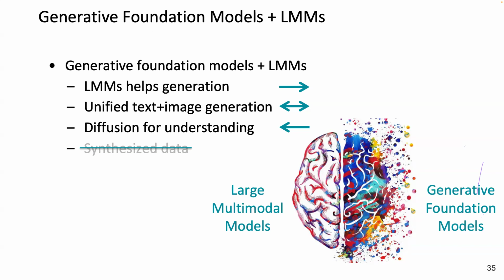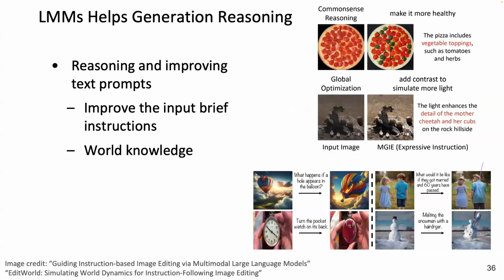And finally, the opposite direction: if we have good generative foundation models, whether we can repurpose them or extract features from them to help the understanding tasks. Also, we know that these related topics are highly relevant to the successful exploration of generating synthesized data for training, but in today's session, we won't cover related topics.